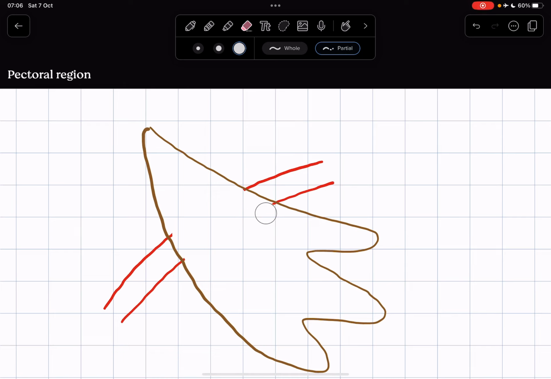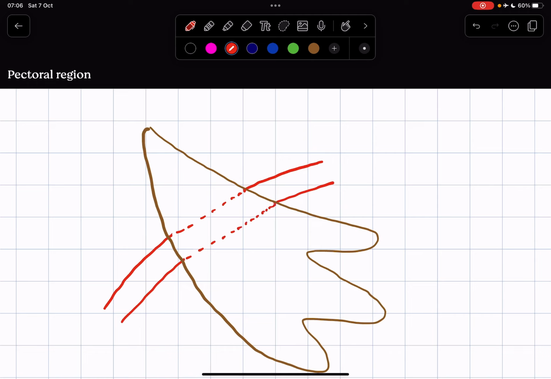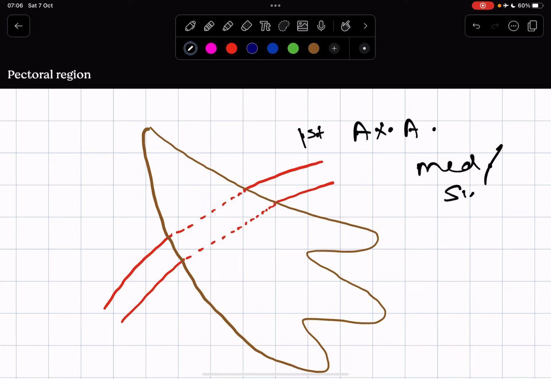When we have to represent a part that lies posterior to something, we represent it by dotted lines. So the structure in dotted lines is present behind, or posterior to. Now here is the first part of the axillary artery that lies medial to or superior to the pectoralis minor muscle.